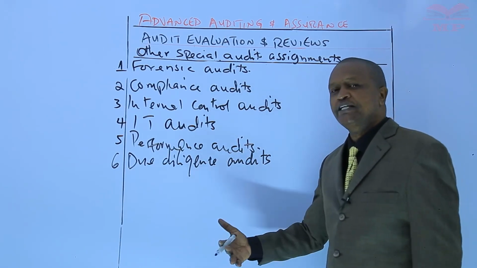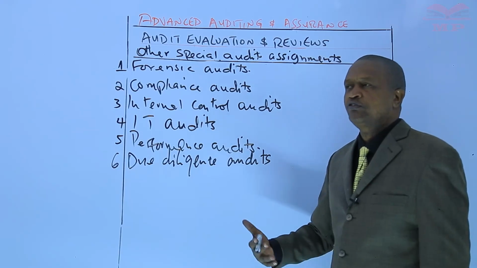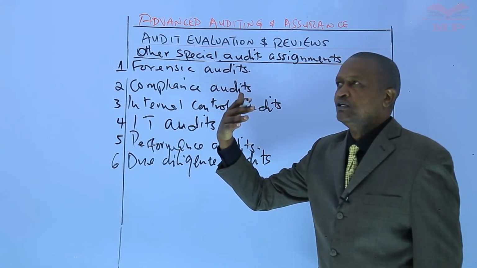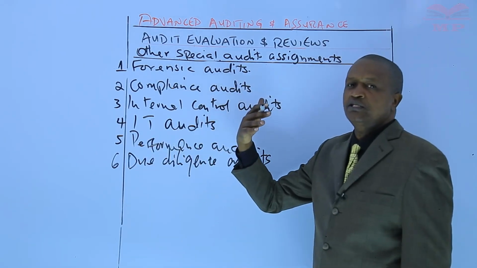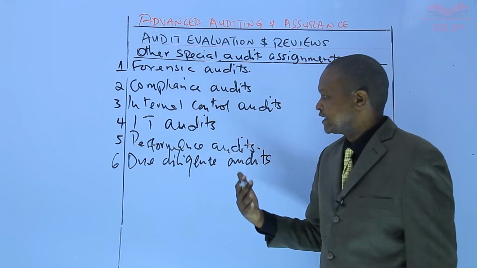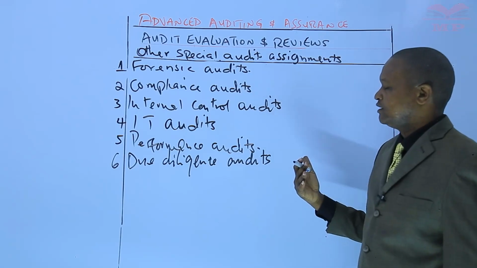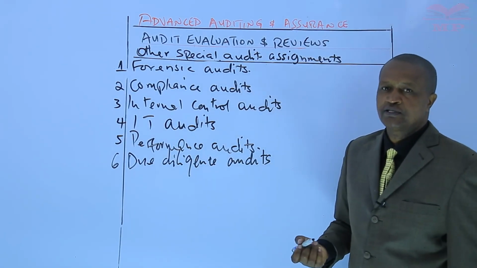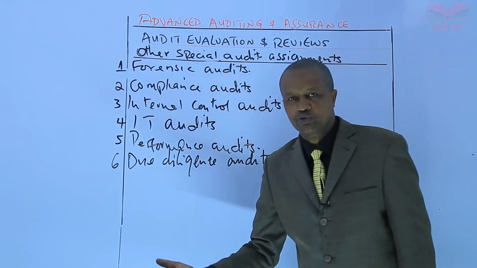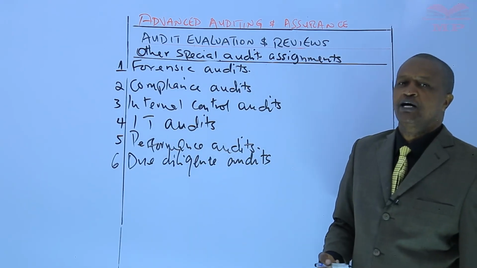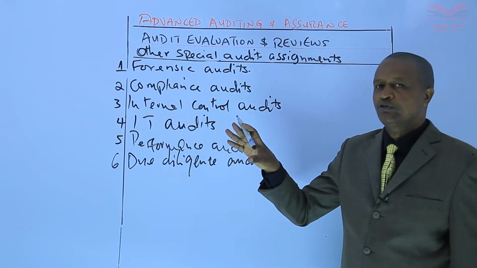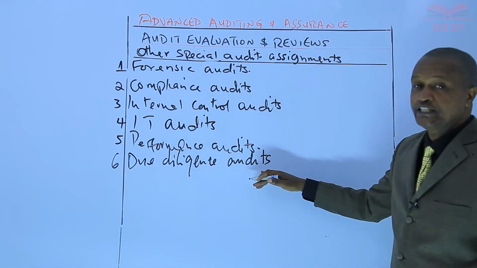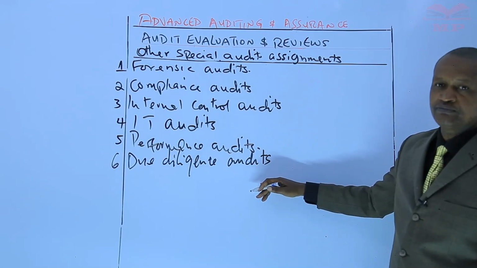It is an independent assessment of the target company's financial statements, operations, so that the acquiring company can get more insights and make informed decisions about the viability of acquiring the target. Due diligence audit.